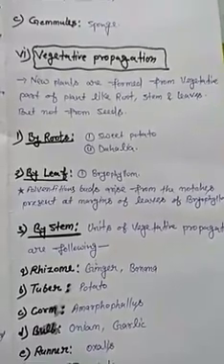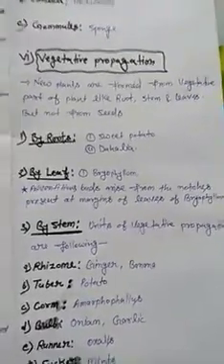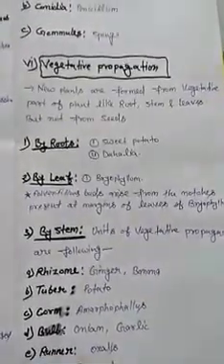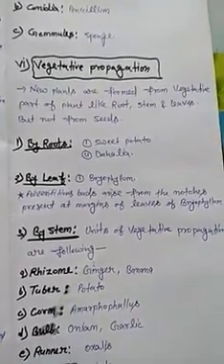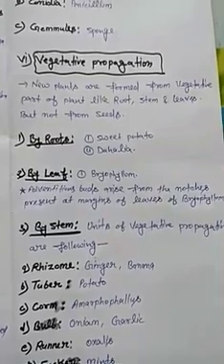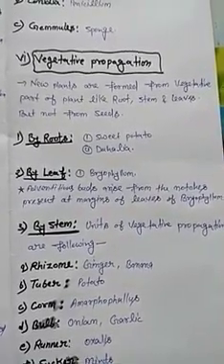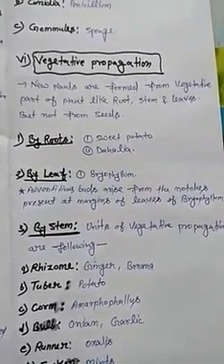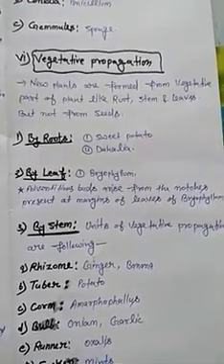We can say that the formation of new plants from the vegetative part of the plant is called vegetative propagation.